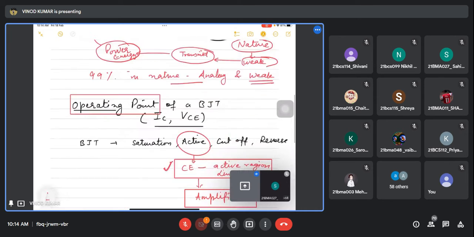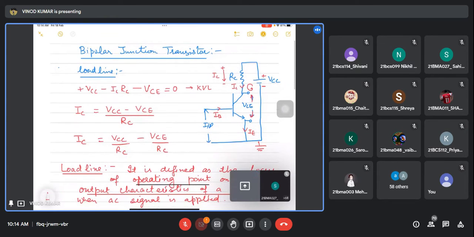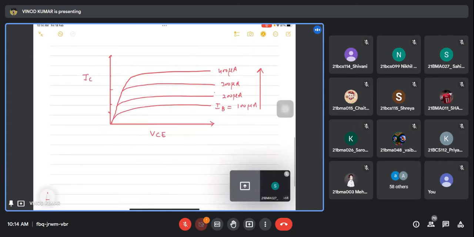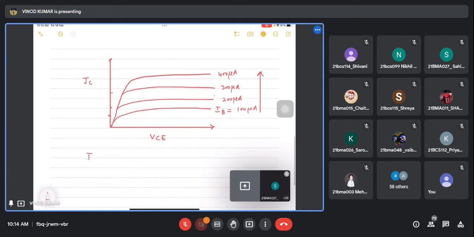Okay, and if we talk about this circuitry, IC is VCC by RC minus VCE by RC, or I am writing it as minus VCE by RC plus VCC by RC.